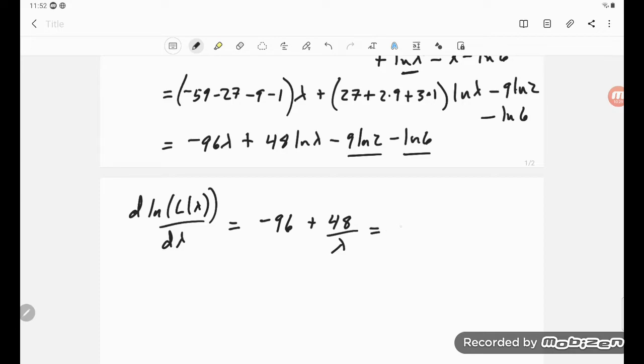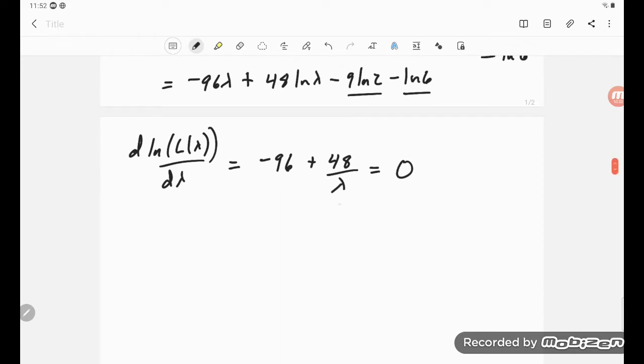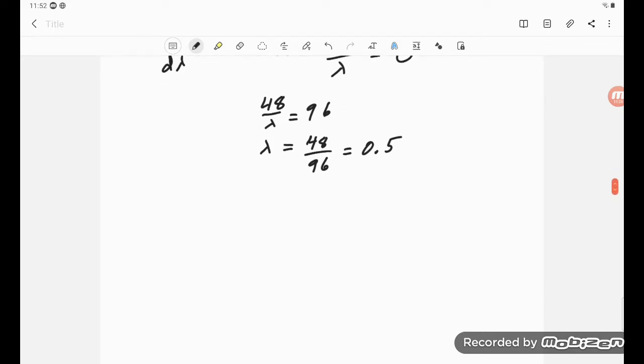We want to set that equal to 0, which says then that 48 over lambda is equal to 96, and so lambda is equal to, whoops, not 96, 48 over 96, which is 0.5. Okay, so that's what we get for lambda, if I did all my arithmetic right.